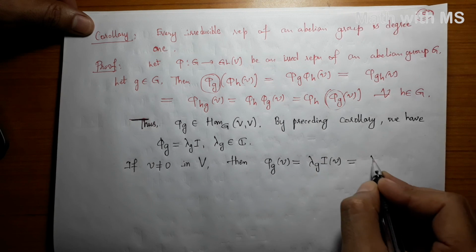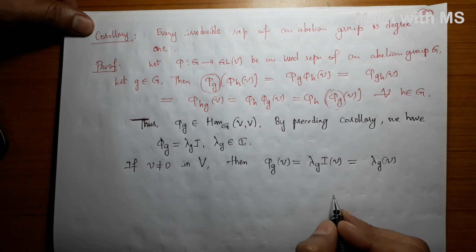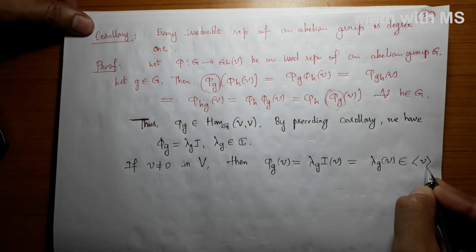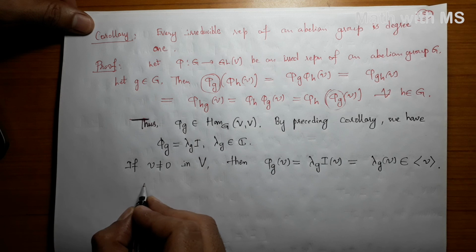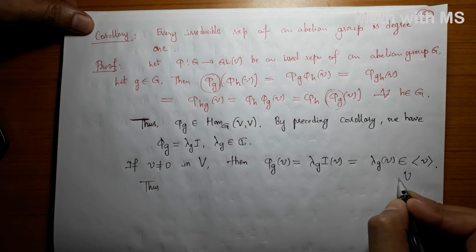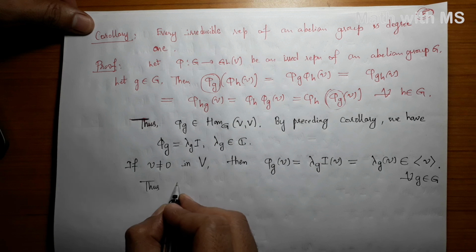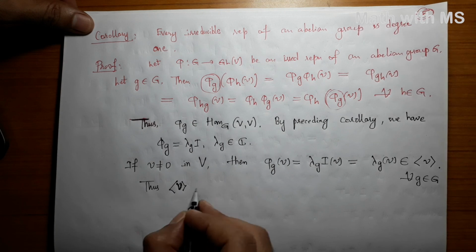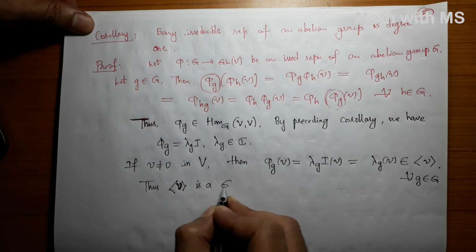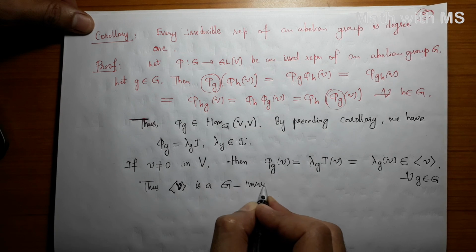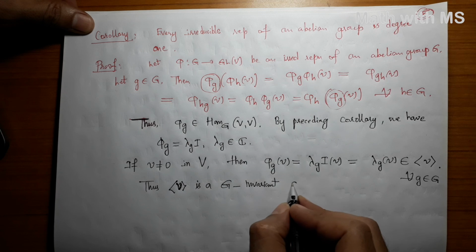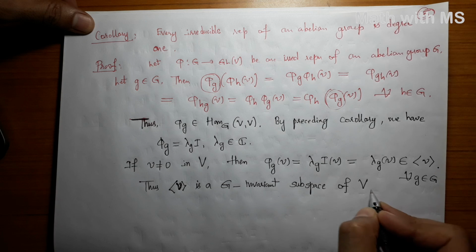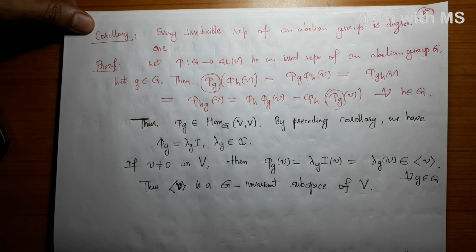So it is just lambda g times v, which of course lies in the subspace spanned by v. And this should happen for every group element. So thus the subspace spanned by any non-zero vector v is a G invariant subspace of your vector space V.